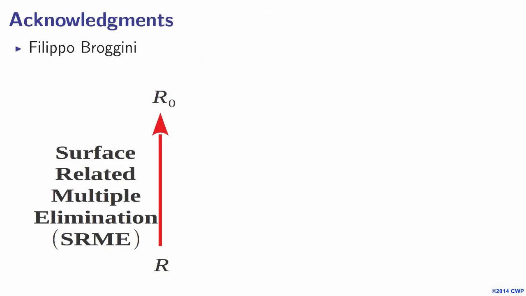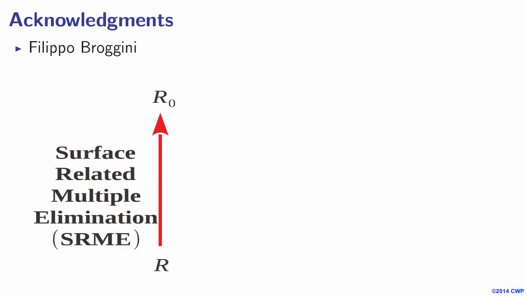Now, before I go into some numerical examples, let me first acknowledge one of Rule's past students, Filippo Broggini, and his work with Kees Wapenaar and these guys from Delphi. What they did is they retrieved the Green's function that included the primaries and internal multiples. So first, we take R, and you see there's no subscript 0, so there are free surface multiples.